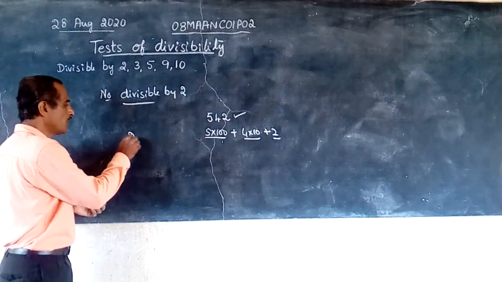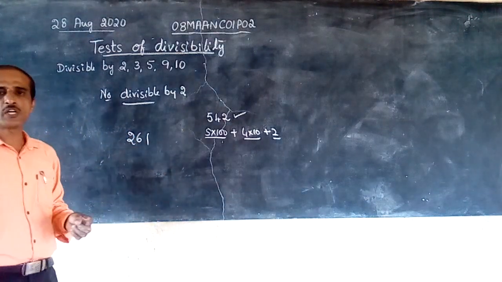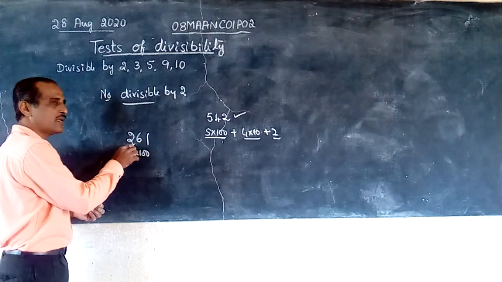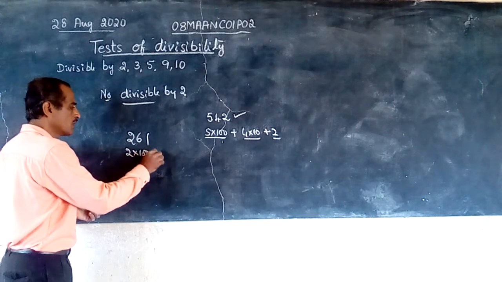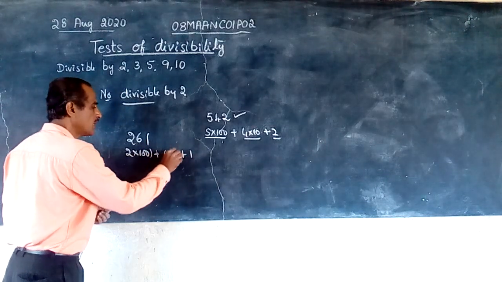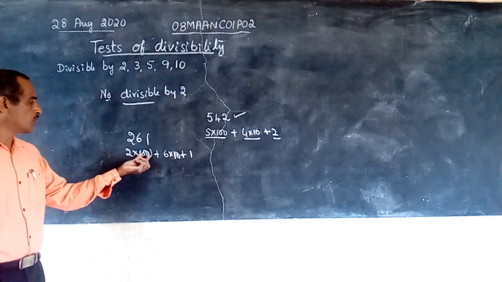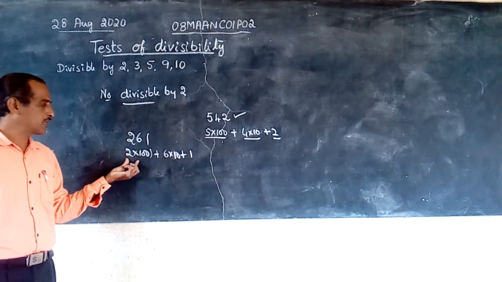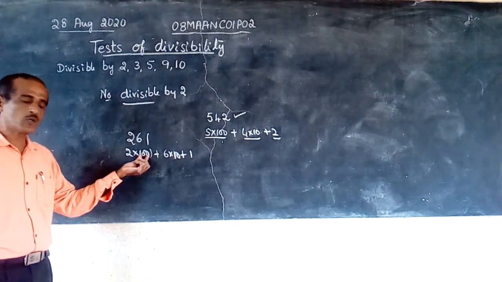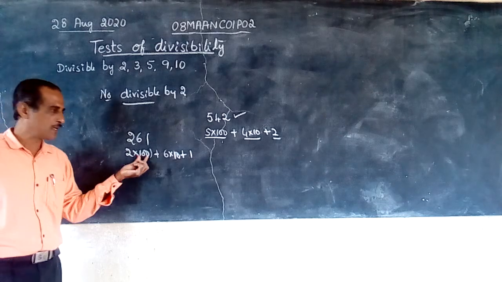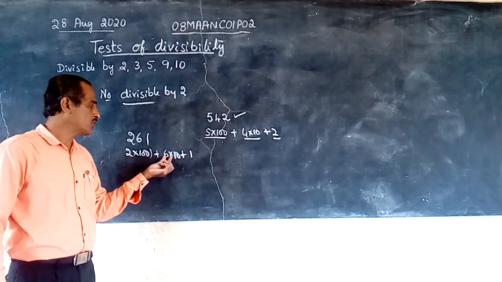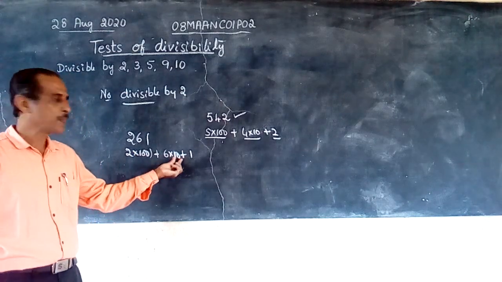Now, let us consider another number, say 261. See, 261 we can write as 2 into 100 plus 6 into 10 plus 1. Here, 100 is divisible by 2, therefore 2 into 100 is also divisible by 2. 10 is divisible by 2, therefore 6 into 10 is also divisible by 2.